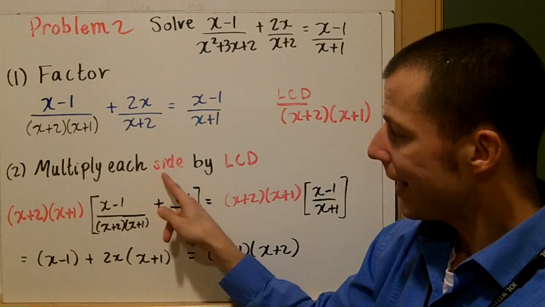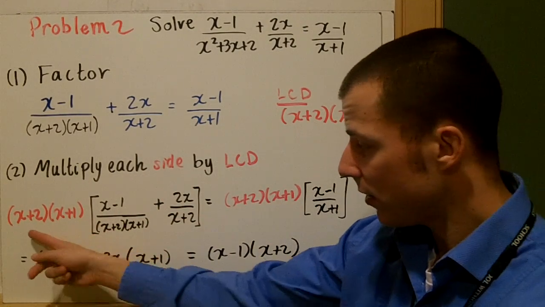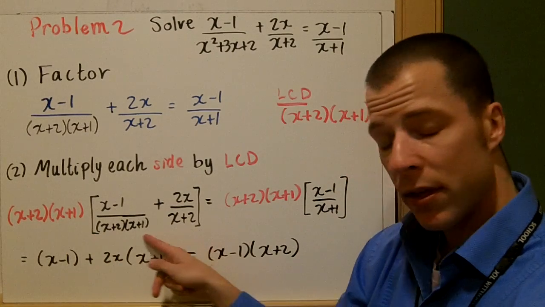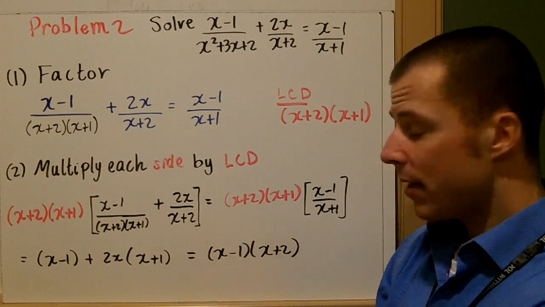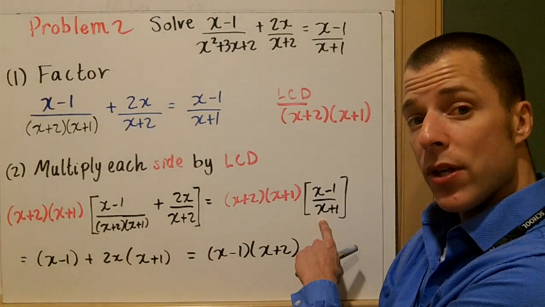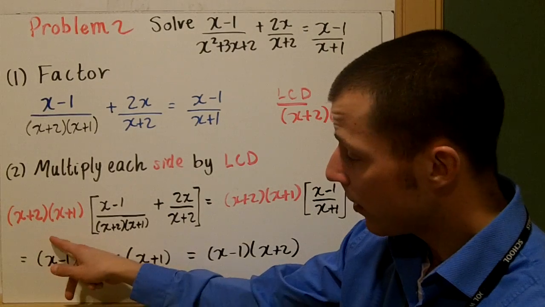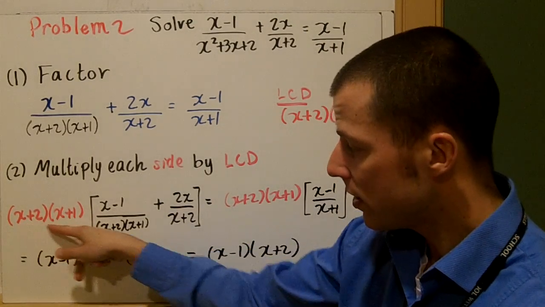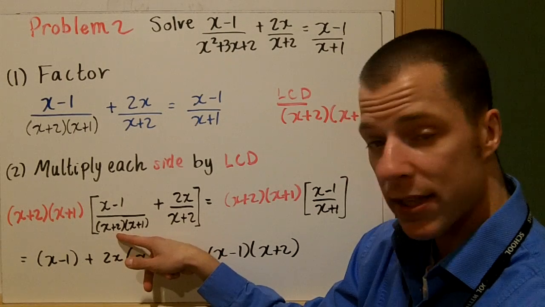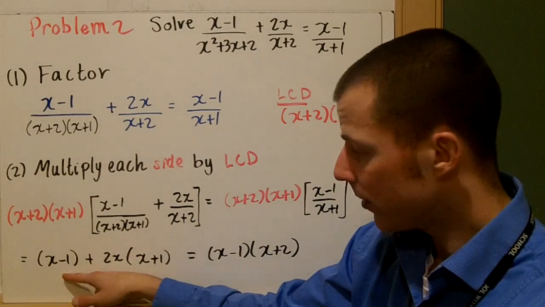So again, multiply each side by the LCD. And that's what I've done here. Here's the LCD times the left side of the equation, and that's equal to the LCD times whatever's on the right side of the equation. Using the distributive property again, we see that this first rational expression has the LCD in the denominator, so these just become 1, and you're left with x minus 1.